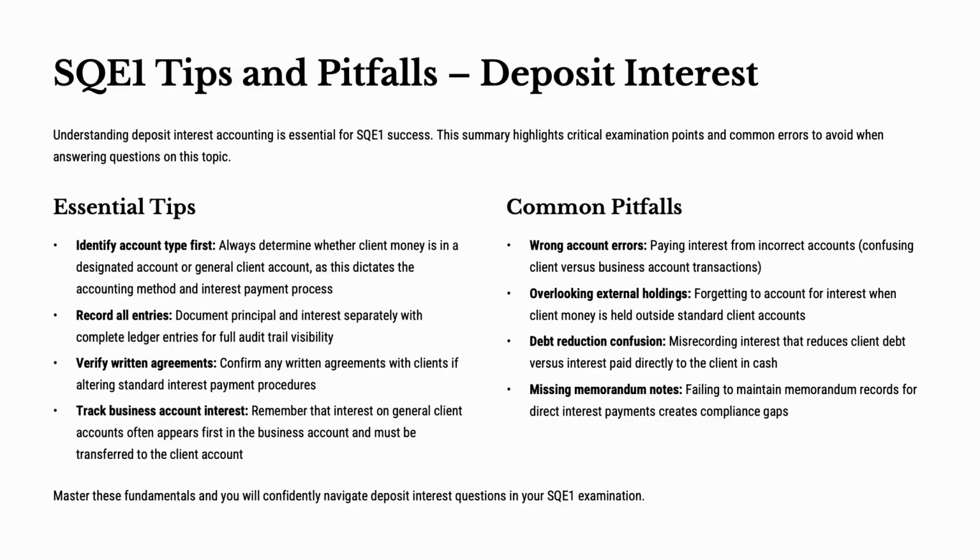So the rule of thumb is we need to pay whatever we make from the client's money. Also sometimes we fail to look at memorandum notes, and sometimes we don't look at the interest reduction once the client owes money to the firm.